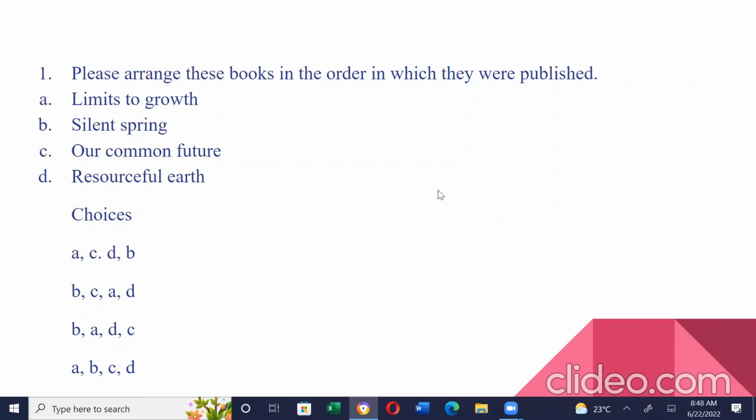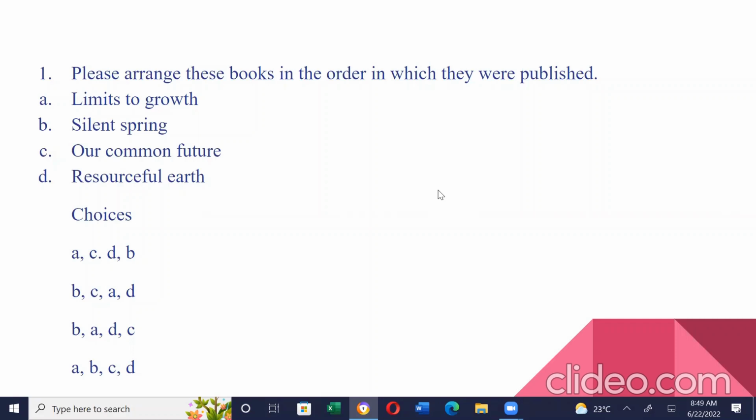So the book Limits to Growth was published on March 2, 1972. It was a report on exponential economic population growth with a limited supply of resources studied by computer simulation. Silent Spring, it was about the bad impacts, the ill impacts of DDT, and it was published in the year 1962 by Rachel Carson.